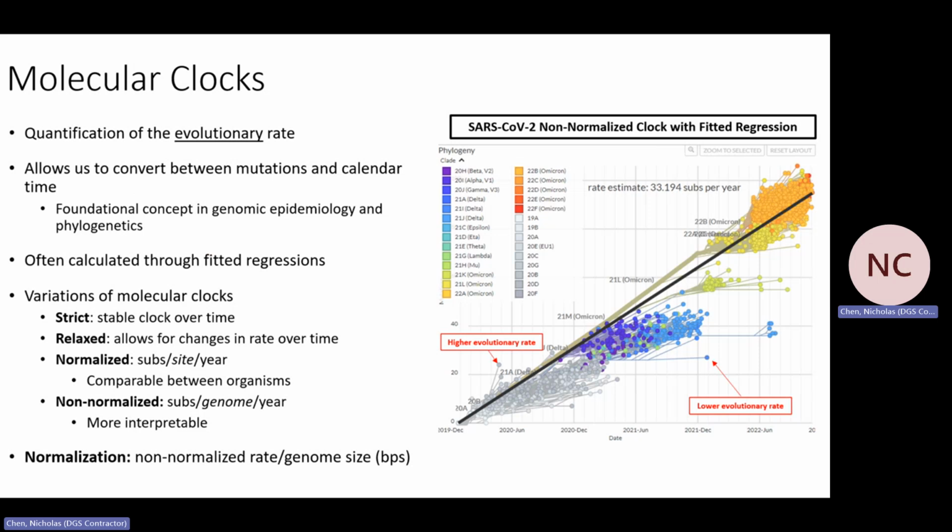Additionally, when we look at the rate, it may not be immediately obvious that this is a normalized or non-normalized value. However, if we look at the regression line and see where it would intercept the y-axis after a year, this value is just about 30. Therefore, we know that the rate is not being divided by the length of the genome. Otherwise, this value would be closer to about 0.001.